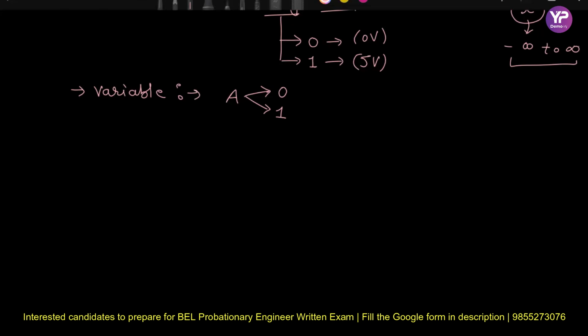So we have a variable a which can take two values, either 0 or 1. Remember that. Basically, inside digital electronics, if you are defining a function like a dot b plus a, what is the meaning of this?